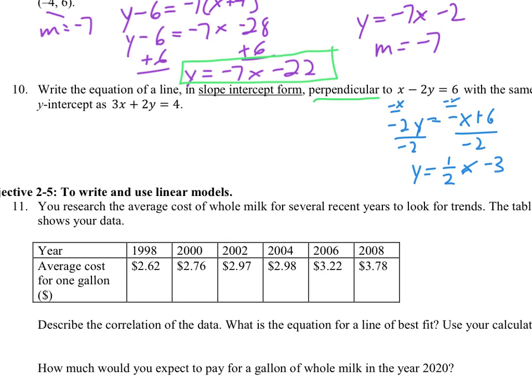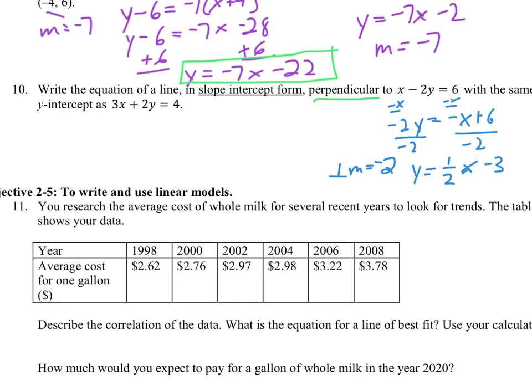Now that minus 3 doesn't really matter for what we are doing. Now this one has a slope of 1/2, so the perpendicular slope to that would be the reciprocal, which is 2, and then we need the opposite. So a negative 2 is the slope that we're using.